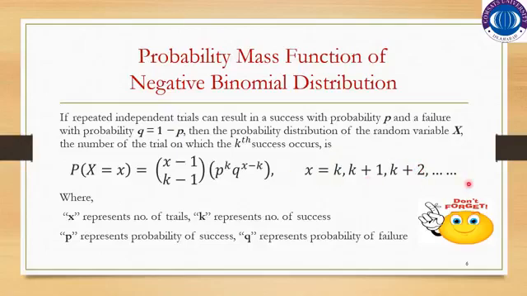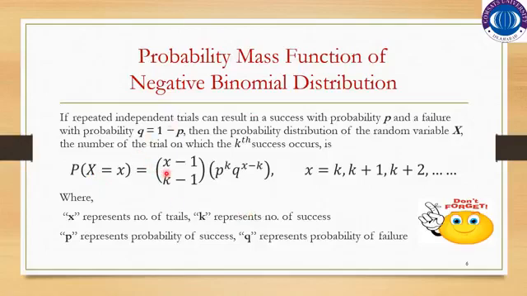But now in the case of negative binomial distribution, and for this particular probability mass function, as it is defined for k successes, x will be equal to k, k plus 1, k plus 2 and so on, where x represents the number of trials, k represents the number of successes, p represents the probability of success, q represents the probability of failure. So this is basically the probability mass function of the negative binomial distribution.